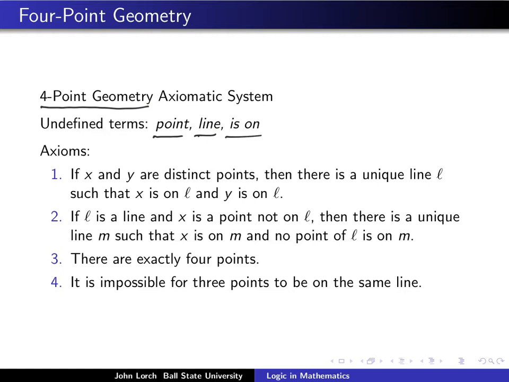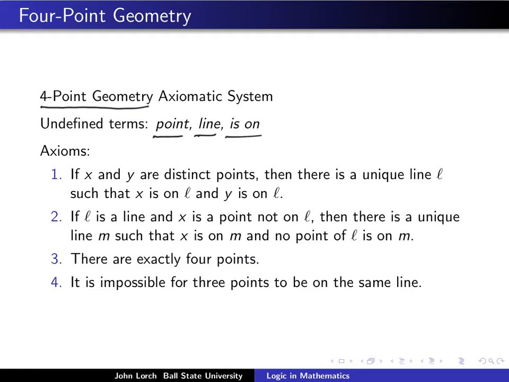Maybe that surprises you, but in reality, we can't define every single word that we use. This is true in Euclidean geometry as well, so there are some words that we just have to accept.